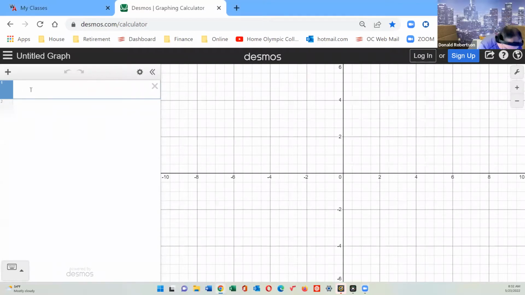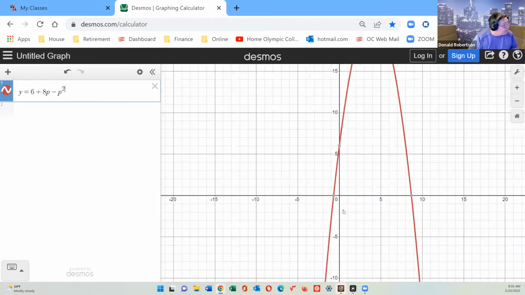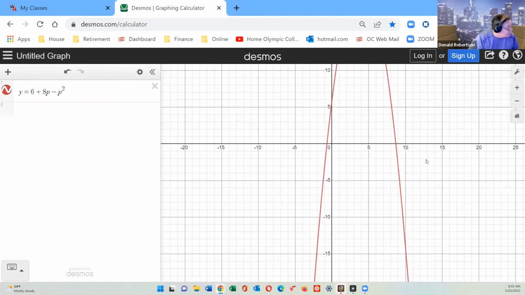So I'm typing in y equals 6 plus 8p, take away p squared. And if I shrink this guy and move it around a bit, would you agree that there's a solution here and there's a solution here? You see them? So the answer would be -0.69 and 8.69.